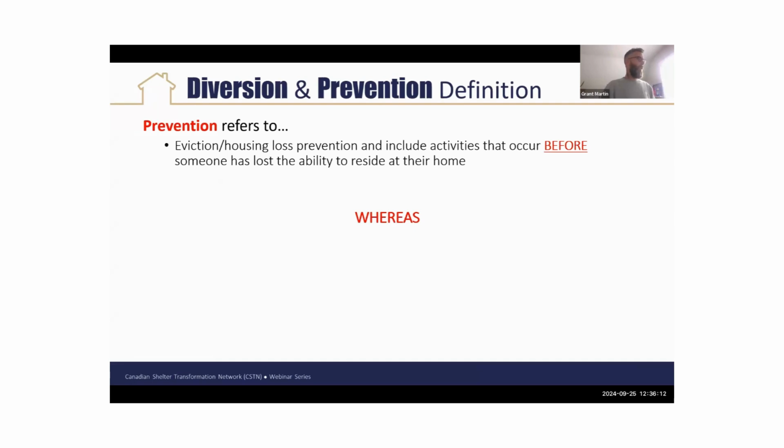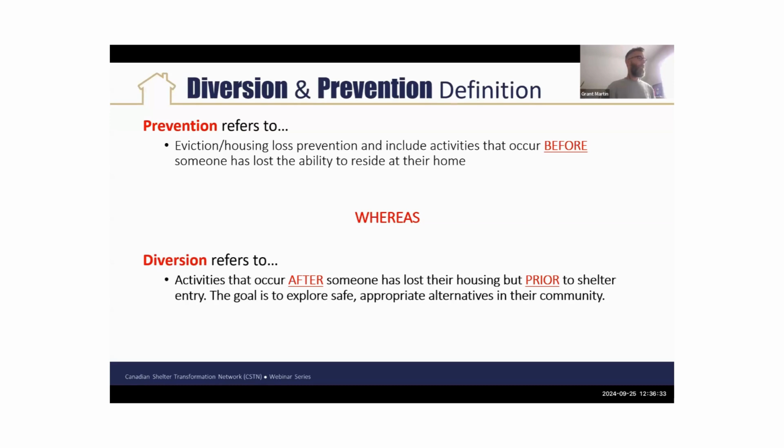I want to just really quickly provide a simple definition that helps clarify the difference between these two things. Prevention really refers to eviction or housing loss prevention and includes any activities that you do with someone before someone has lost the ability to reside at their home, right? So all these are things that help them prevent the loss of their housing, so they're not homeless yet.